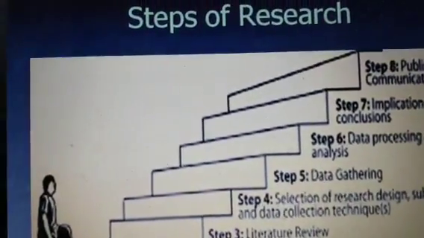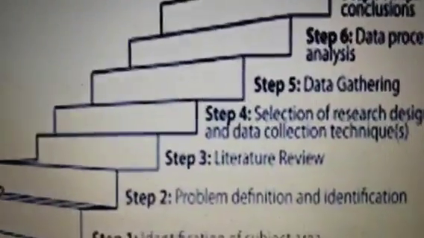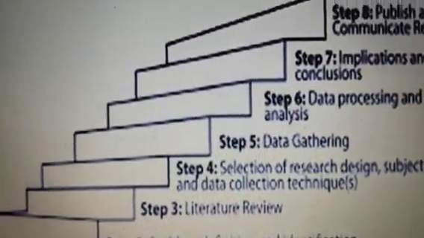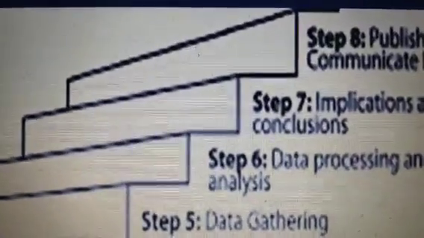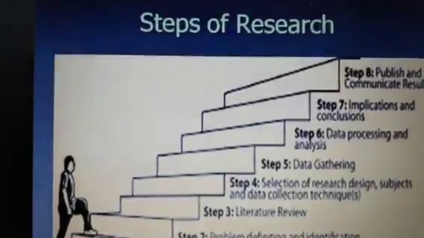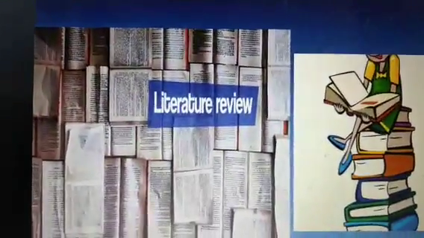So these all are the steps of research in which the literature review is very important before dealing with all these steps and moving towards the last step of communicating results. So students, let's start with the literature review.